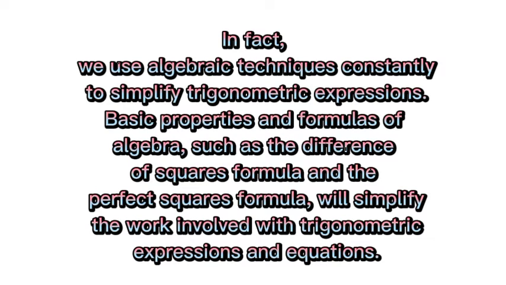In fact, we use algebraic techniques constantly to simplify trigonometric expressions. Basic properties and formulas of algebra, such as the difference of squares formula and the perfect square formula, simplify the work involved in trigonometric expressions and equations.